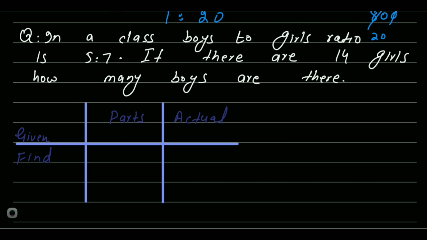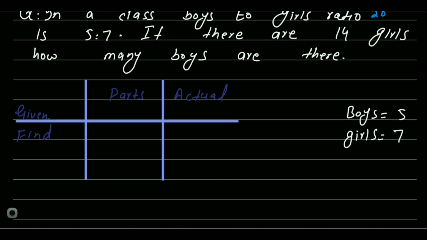So how will we use this method? In a class, boys to girls ratio is 5:7. If there are 14 girls, how many boys are there? There are 4 things that we can check from the question. First thing, the ratio of boys to girls. First ratio is of boys. So the boys' ratio is 5 and the girls' ratio is 7.